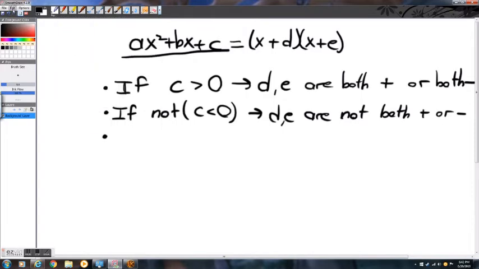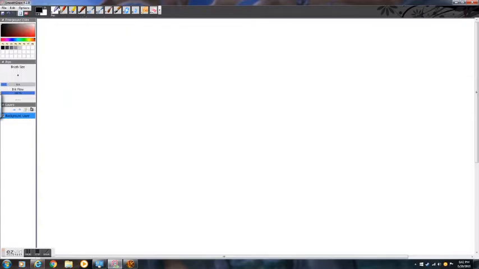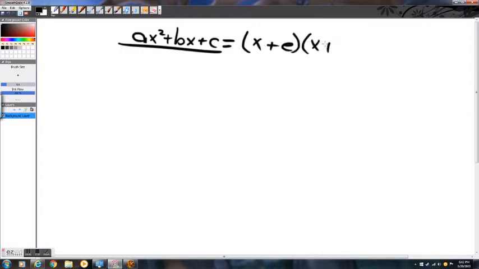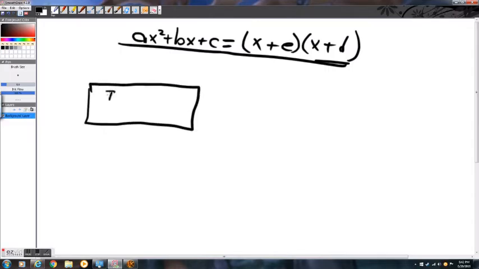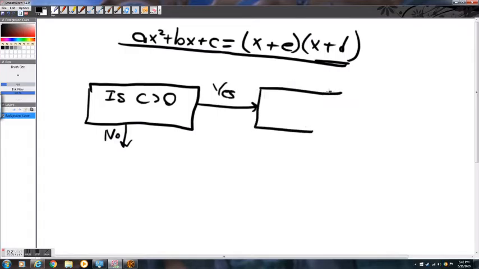Next, let's do it this way. If we have ax squared plus bx plus c equal to x plus e times x plus d, we say, first, is c greater than 0? Yes?